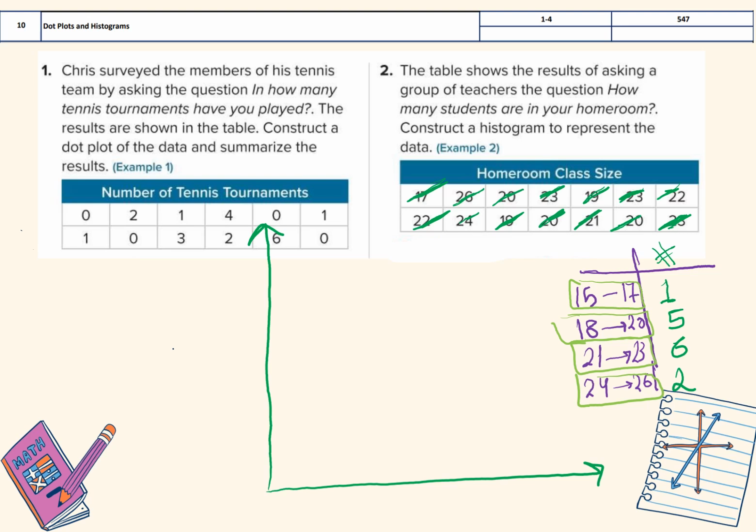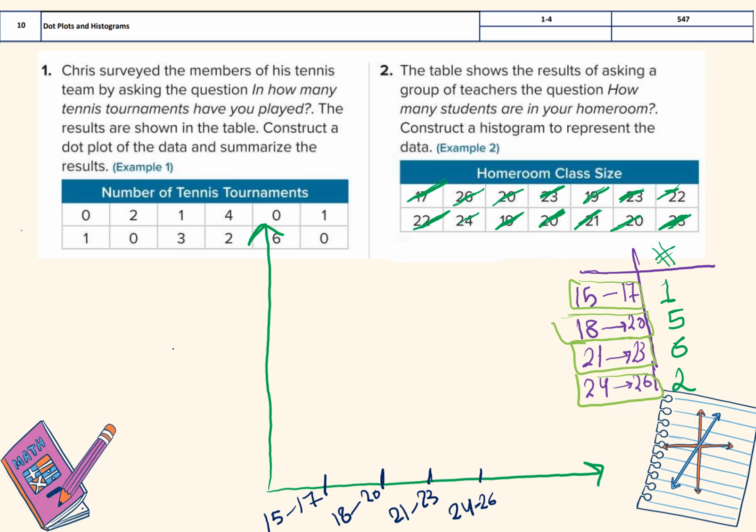So let's start by dividing the categories on the horizontal line. First from 15 till 17, then from 18 till 20. We can also write it this way to make it nice. From 15 till 17, from 18 till 20, then from 21 till 23, then from 24 till 26.